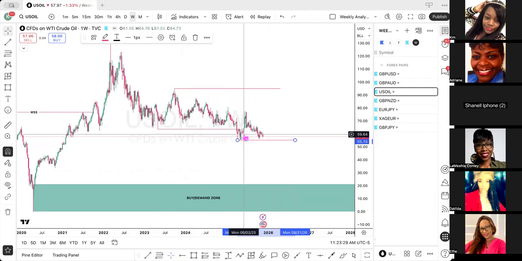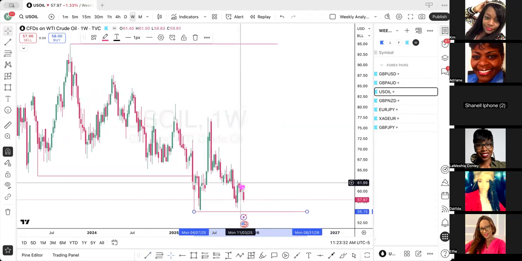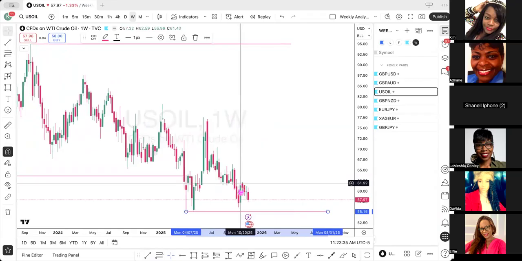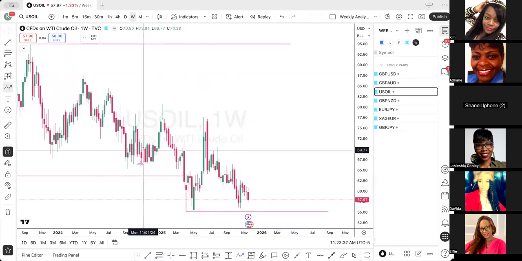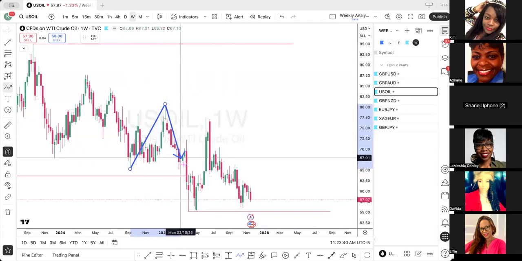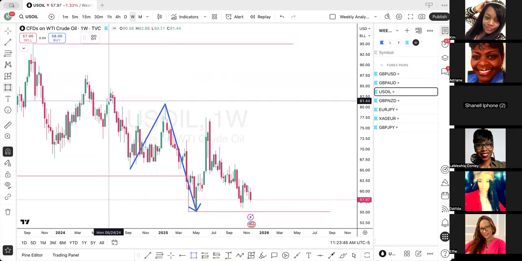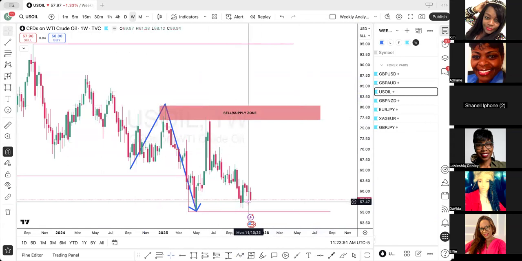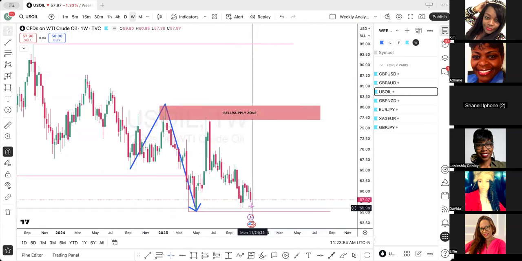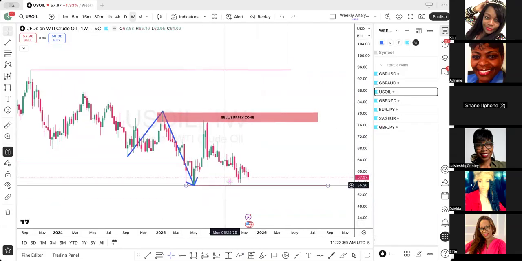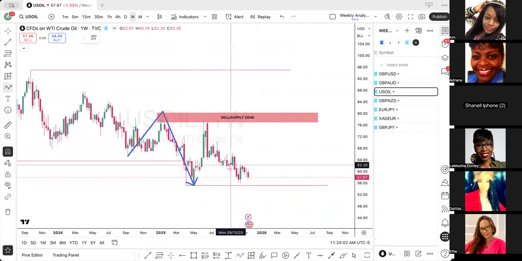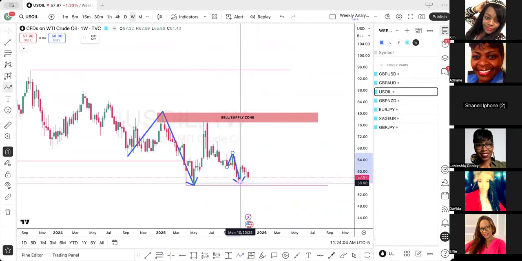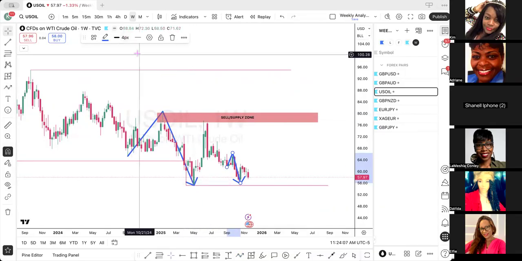All right, so within that, the current internal structure is here, right? So price tapped into a supply zone and sold. So we're looking for price to continue selling at least to wick or close below this low, which makes now the current move structure right here.